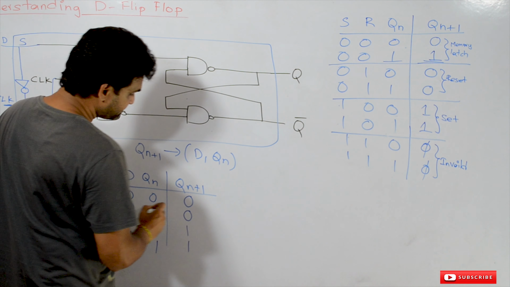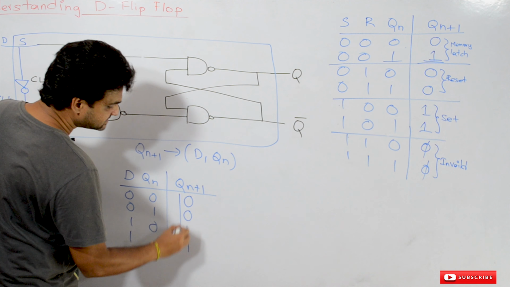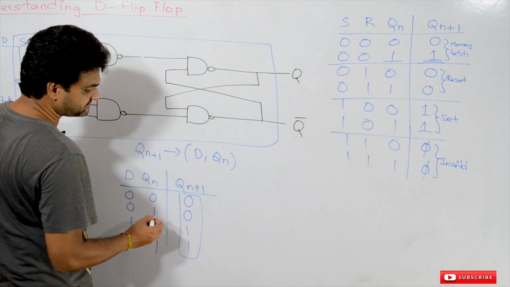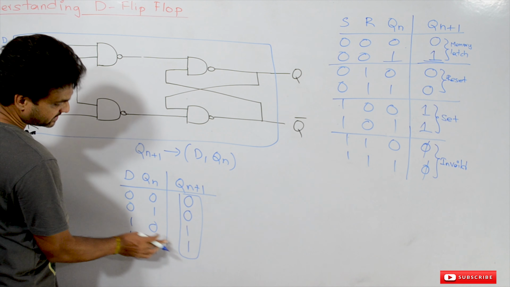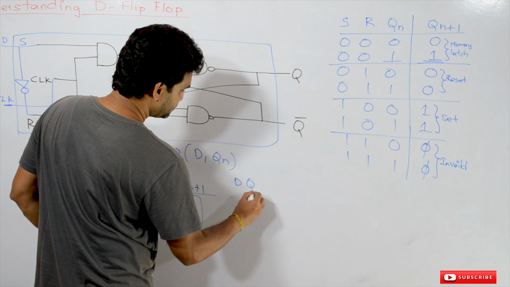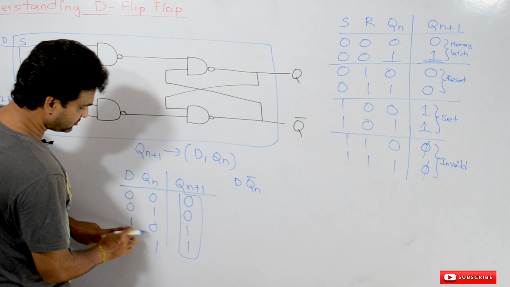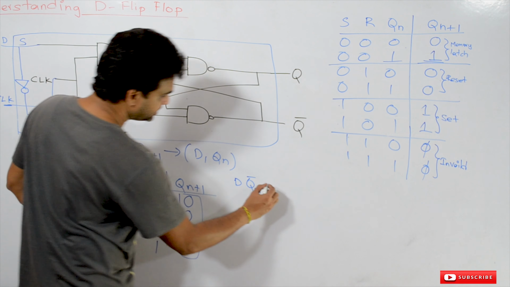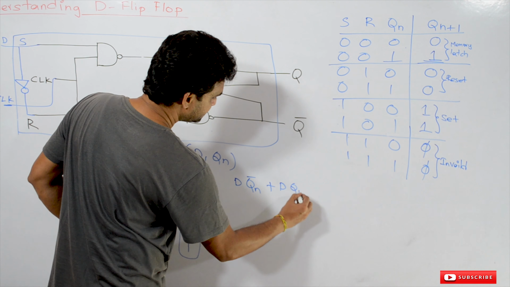And if you try to realize this function, it is very simple. It is D Qn bar plus D Qn.